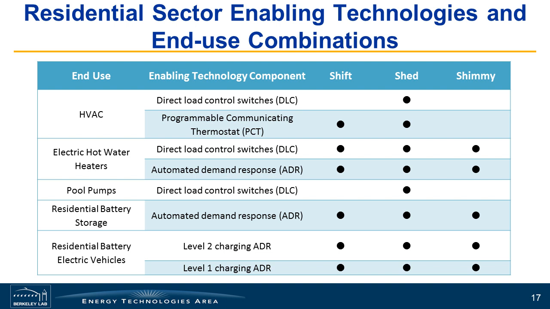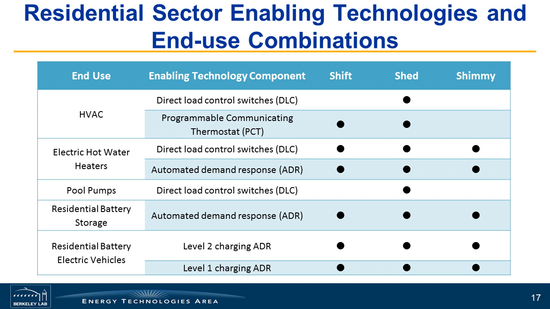But for programmable thermostats, and in the case of electric hot water heaters, you actually can use these DLC switches. They're what I call advanced direct load control switches. They are retrofitted onto electric hot water heaters, and they can actually increase and decrease load within, I think I've heard stories of 4-second intervals. So they're fairly responsive.